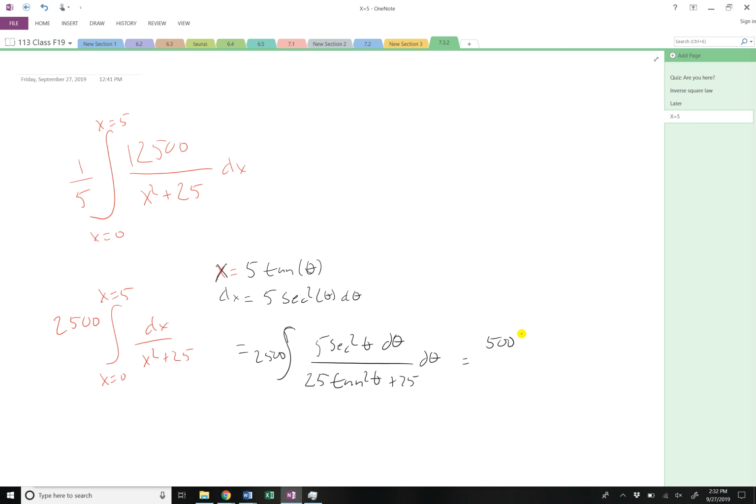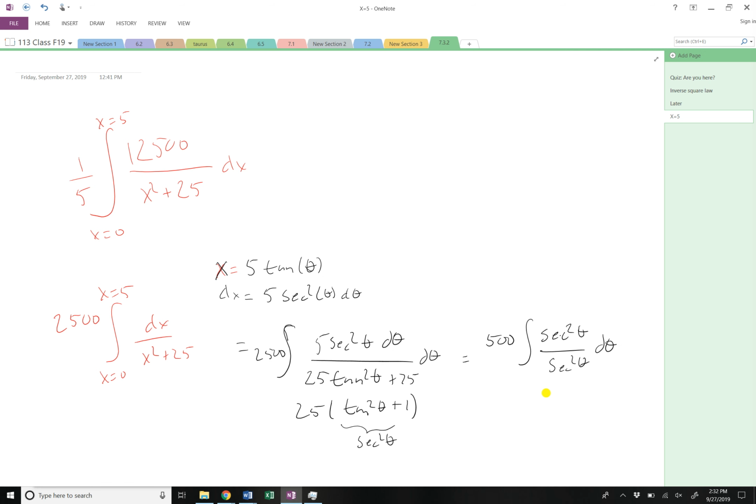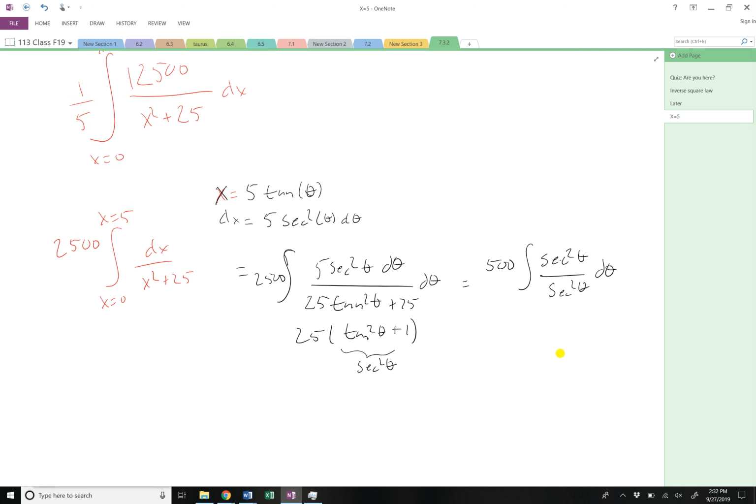Inverse tangent of x over 5 equals theta. And so that means my antiderivative here becomes 500 times inverse tangent of x over 5, going from x equals 0 to x equals 5.